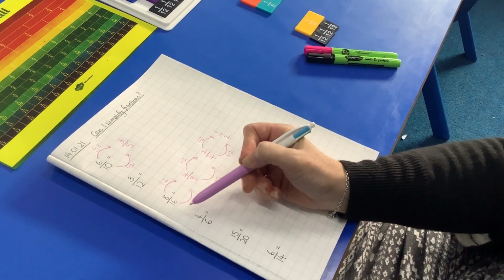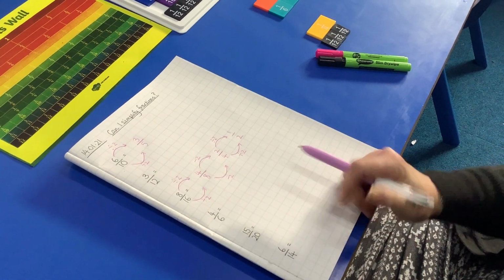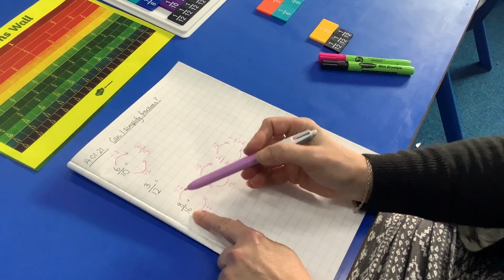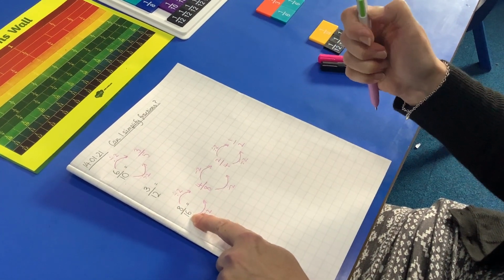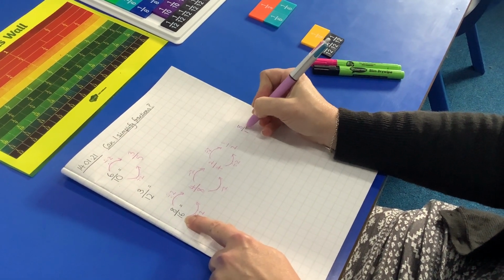Now, most of you, I'm sure, would look at that and just say, oh yeah, they're both multiples of 8. They're both in the 8 times table. Straight away, I could have done, I'll just do it in a different colour so it's not too confusing, 8/16.